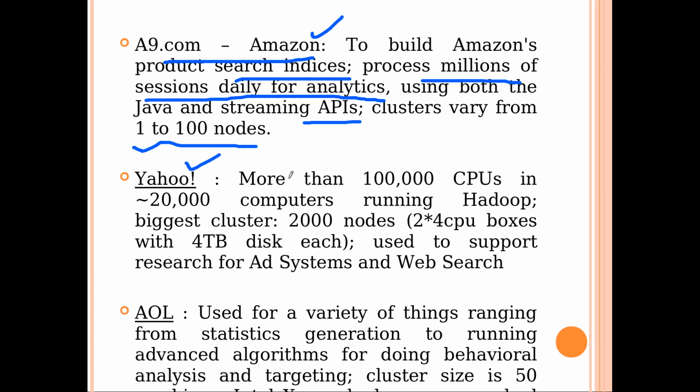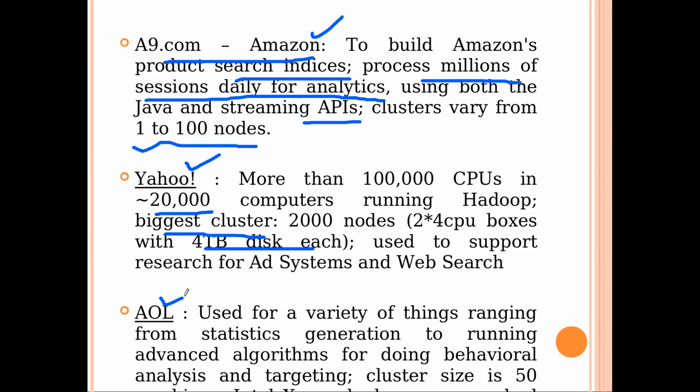Similarly, at Yahoo, we can see more than 1 lakh CPUs in around 20,000 computers running Hadoop, with the biggest cluster having 2000 nodes. That means 2 into 4 CPU boxes with 4 TB of disk storage. That is the capacity of Yahoo that utilizes big data analytics.